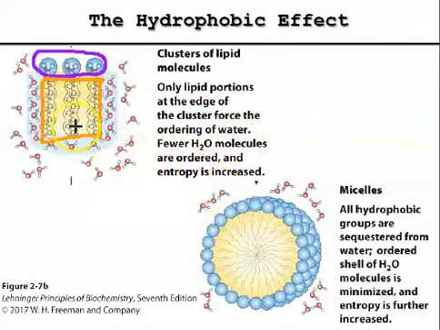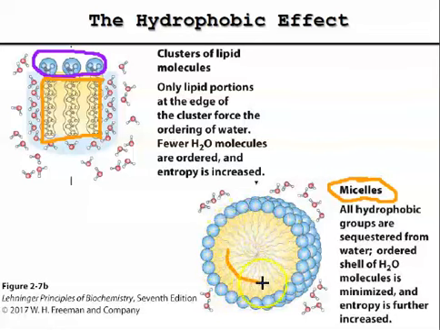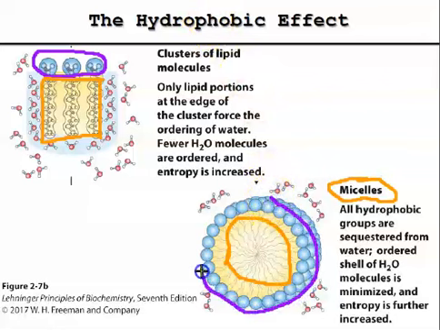We can increase the solubility of these fatty acids if we arrange them in micelles. And so micelles are little spheres of fatty acids. And in this case, we have the hydrophobic aliphatic tails on the inside of this structure, and we have the hydrophilic carboxylic acid groups on the outside.